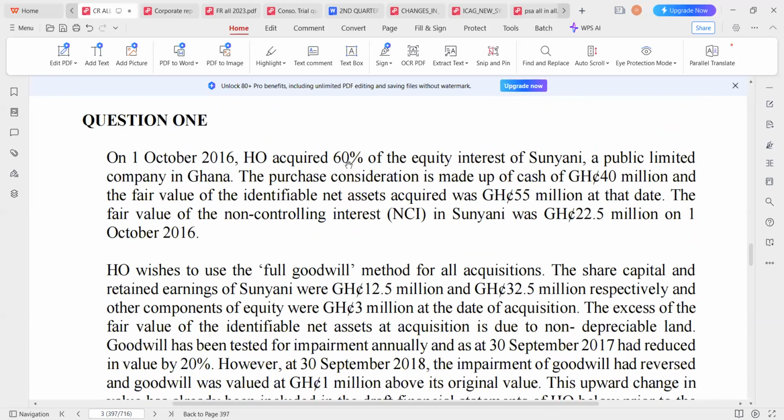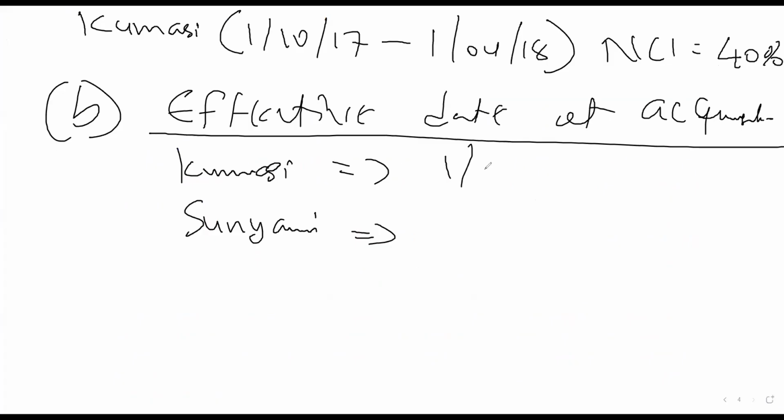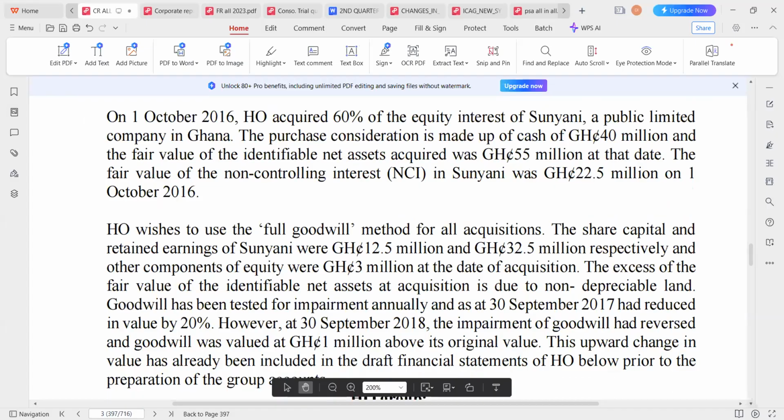Sunyani, 60%, 1st October 2016. That of Kumasi, let's go to Kumasi.